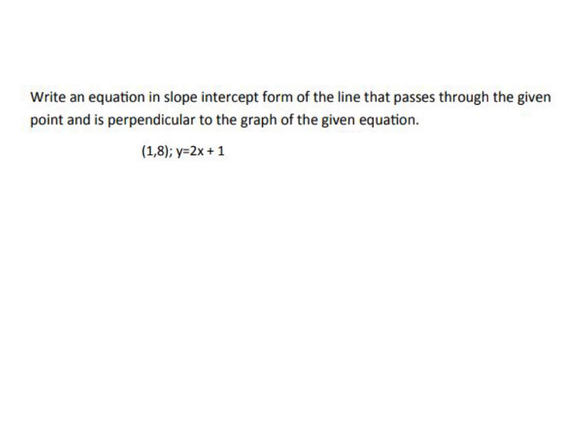All right, here's our last one. We have a slope of 2, so the opposite reciprocal would be a negative 1/2. We have the point (1, 8) that we want that line to pass through. So let's use our point-slope form. y minus 8 equals negative 1/2 times x minus 1.